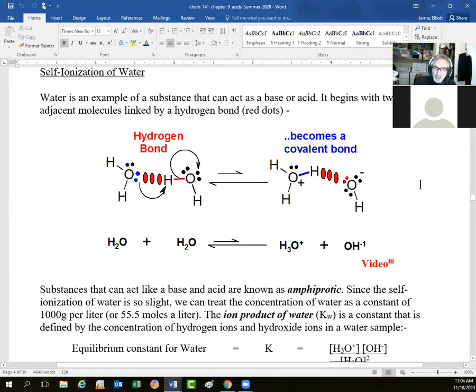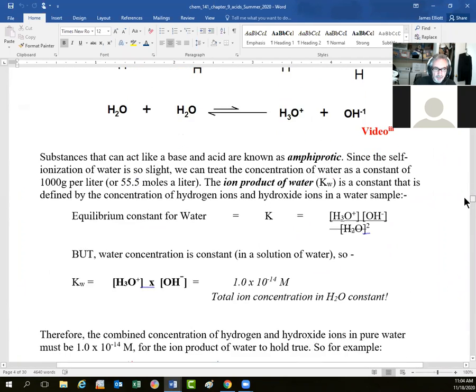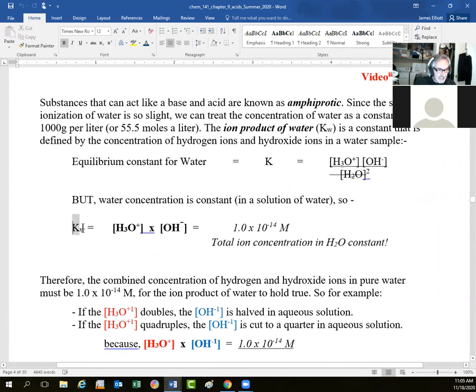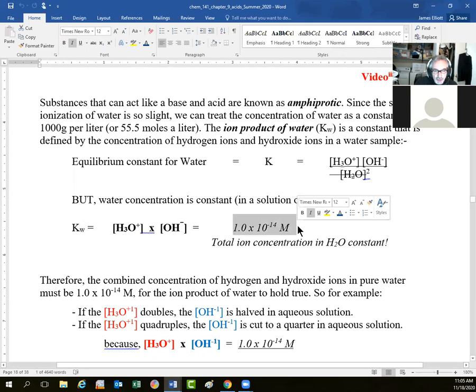Concentration was small, but the concentration of the two ions combined was always constant. That gave us a Kw, the ion product of water, and it's really just the equilibrium constant for that self-ionization of water. That constant value was 1 times 10 to the minus 14.